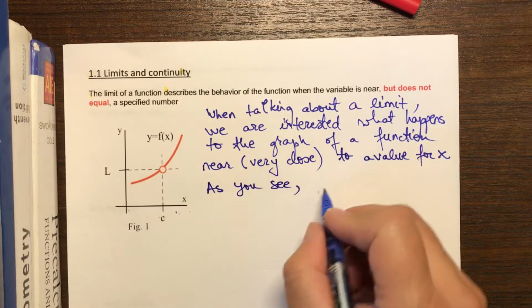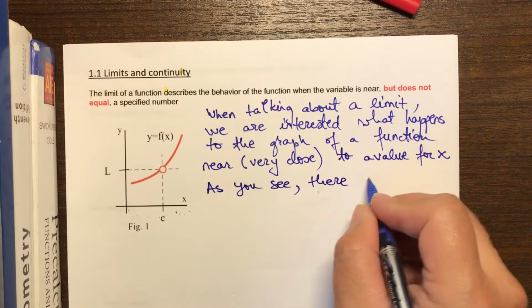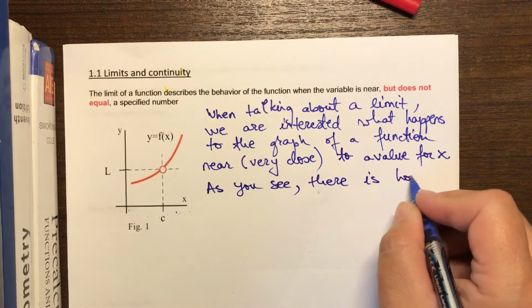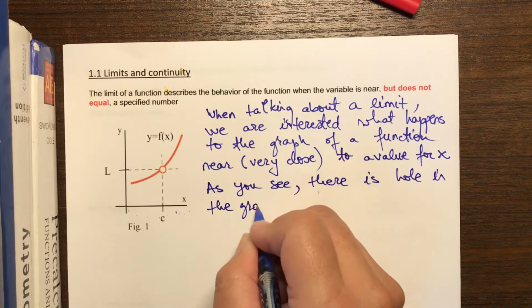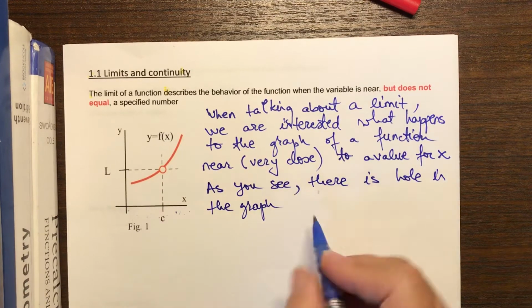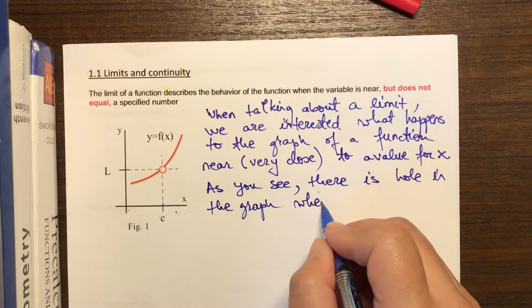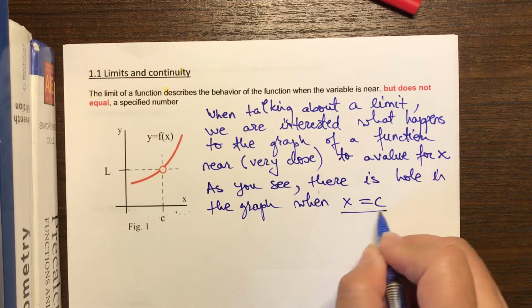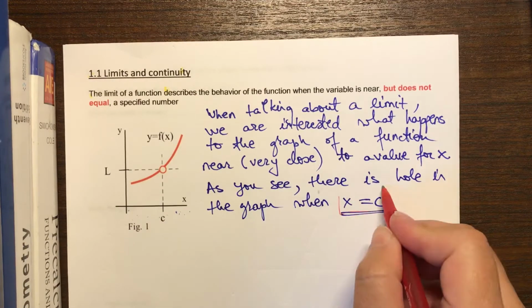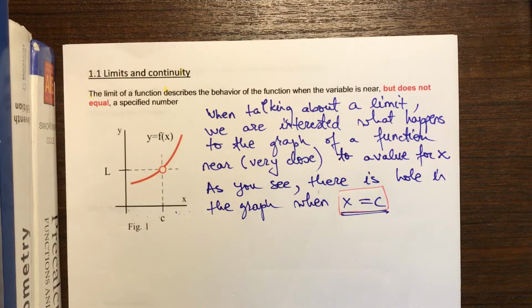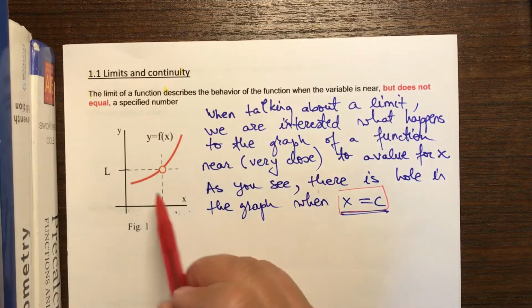Okay, so in other words, as you see from this graph, there's a hole in the graph when x equals c, yes? Now the important part is that we can't tell what happens to this graph when x is equal to c.